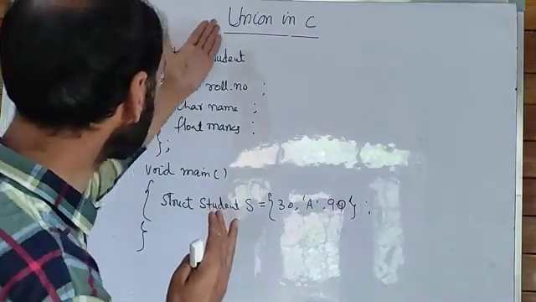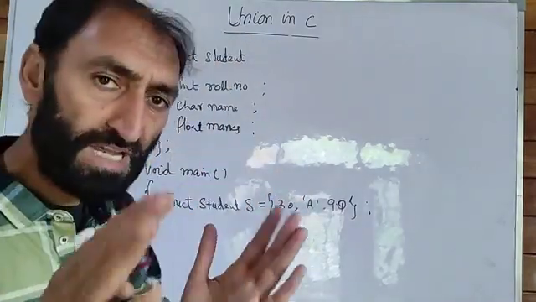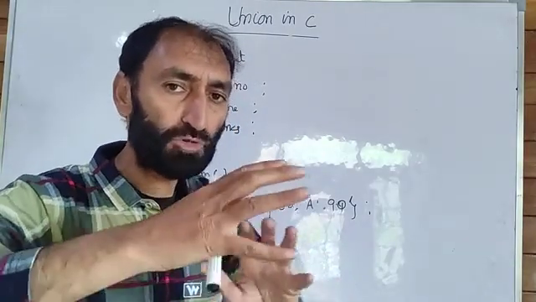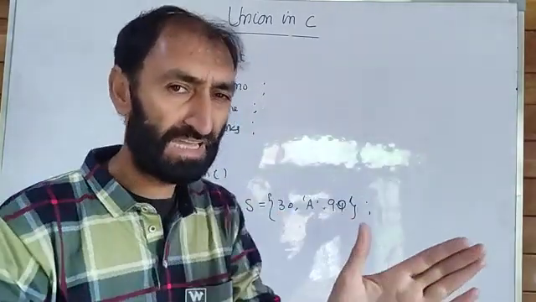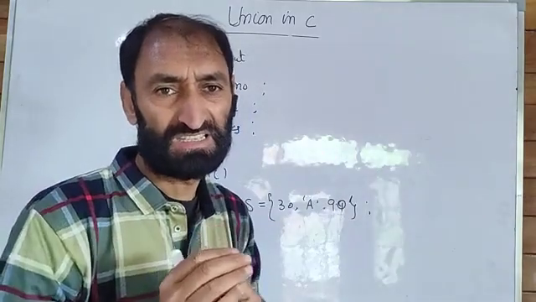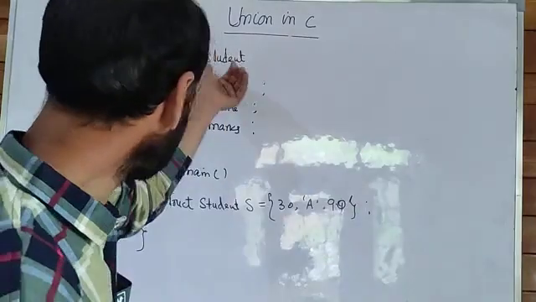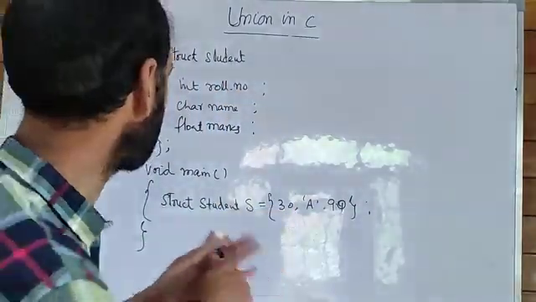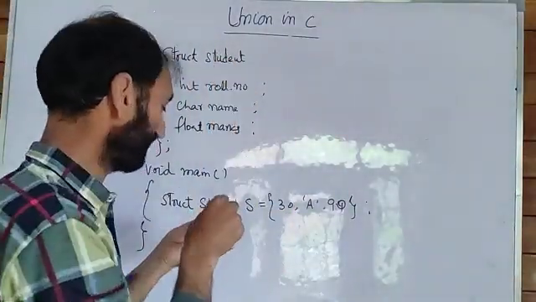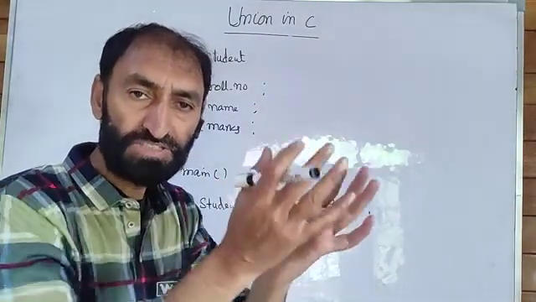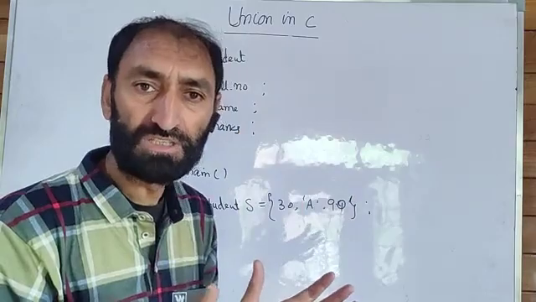Now the question is, what is union? The union is similar to some extent to the structure, with a little difference. We know that structure is a user-defined data type because the user defines the structure according to their need.